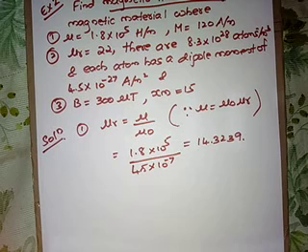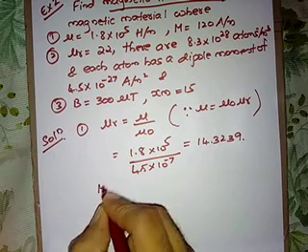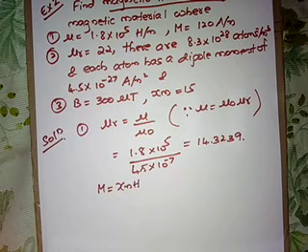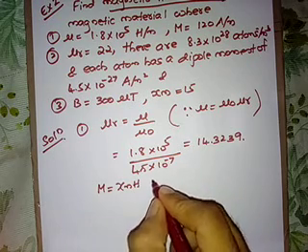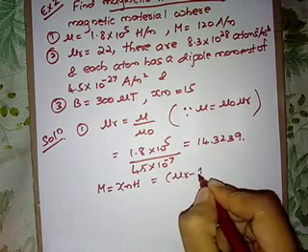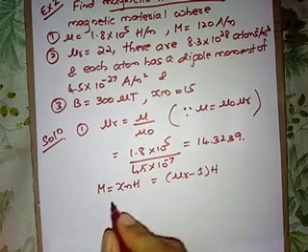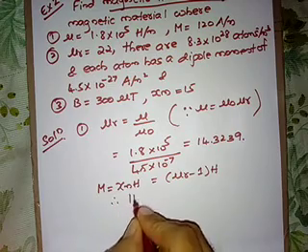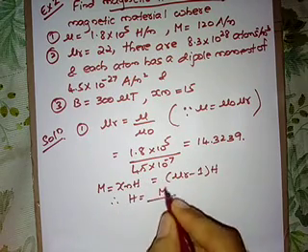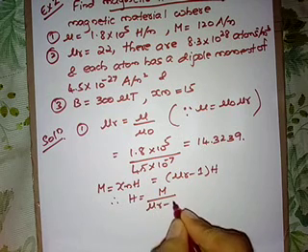Now relationship between magnetic field intensity and magnetization, we know the relation. It is M is equal to chi m into H. This is the relationship between magnetization and the magnetic field intensity. What is chi m? Chi m is mu r minus 1. This into H. Therefore H will be equal to M divided by mu r minus 1.